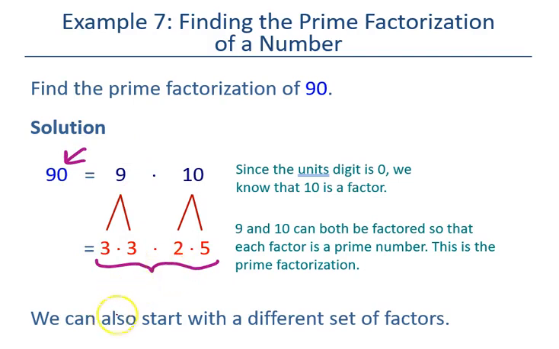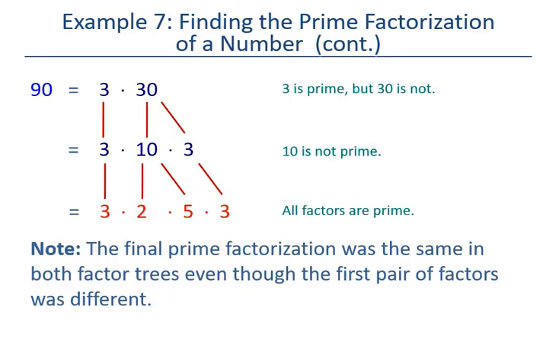We can also start with a different set of factors. Look what happens if I start with 3 and 30. Well, 3 times 30 does equal 90. 3 times 10 is 30, times 2 is still 90. But notice this 10, I can still make 2 times 5, and this 3 just comes down because it's prime.